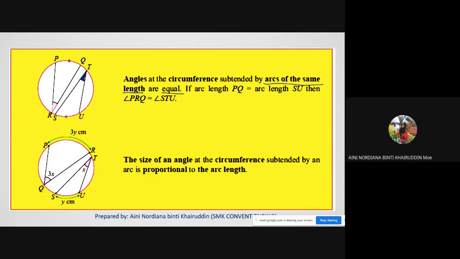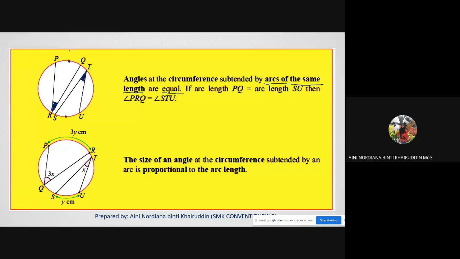Tadi I cakap mesti dari arc yang sama, then the value of the angle equal. Now, the second property: not the same arc, but the arcs have the same size. So the angles are also equal.